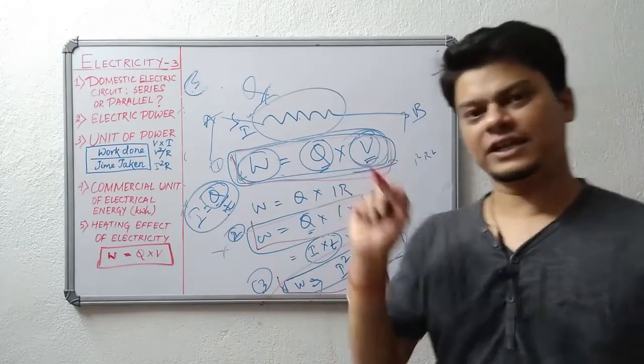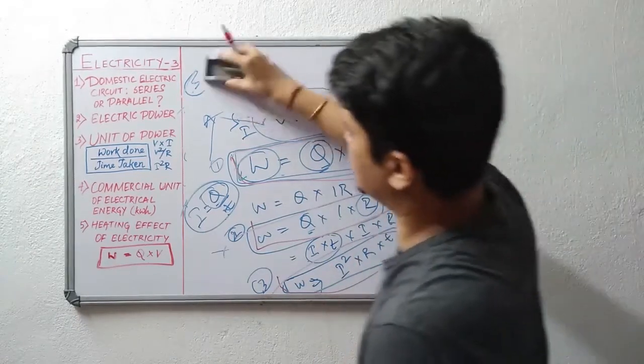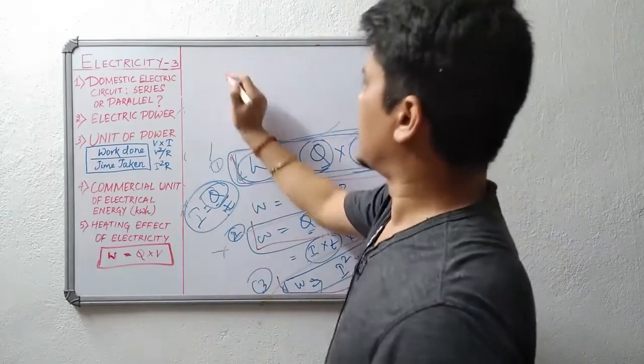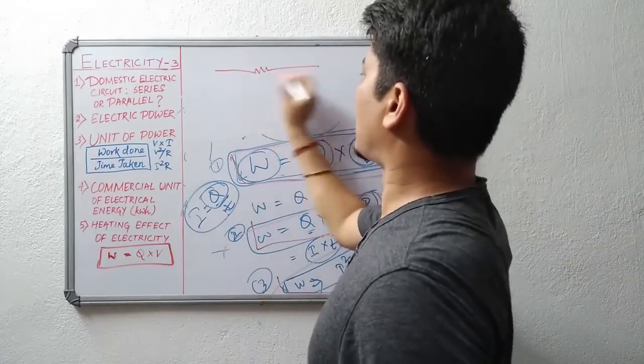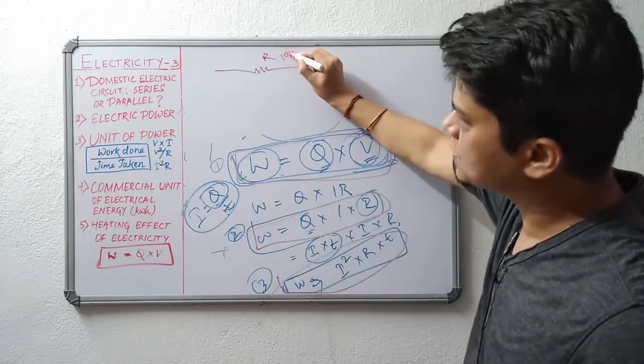Now, if I give you a small question: this is a coil or a resistance R of 100 ohms.